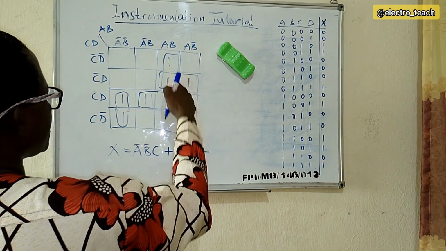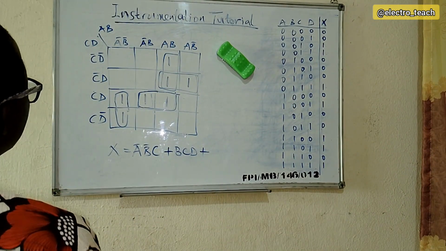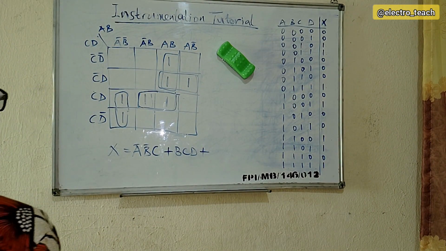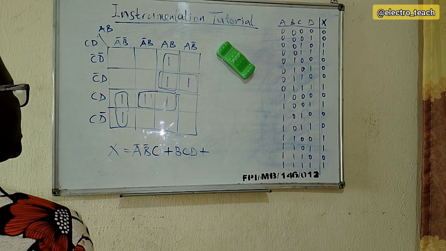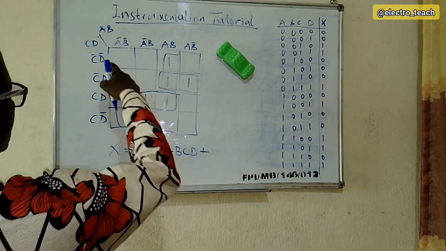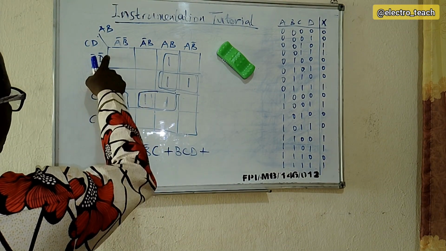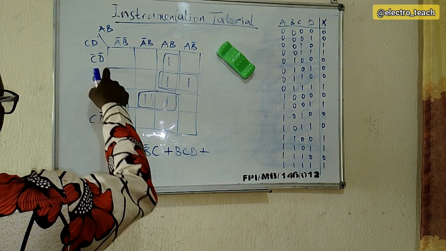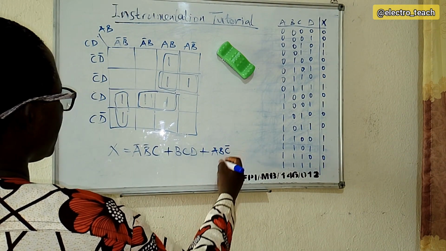Then here, plus, look at this, AB is constant in the column, alright? But from row to row, we have C bar, D bar, D. So C bar is constant, we take that one. AB, C bar.